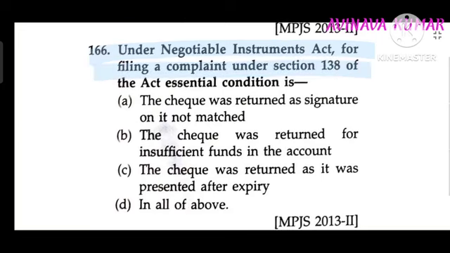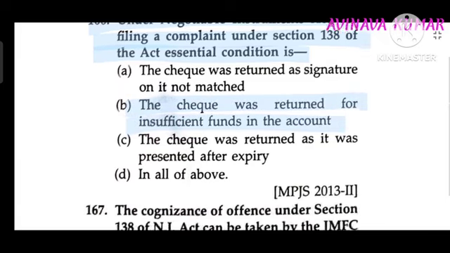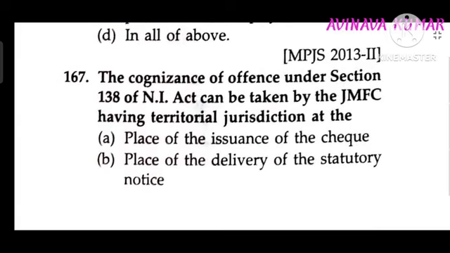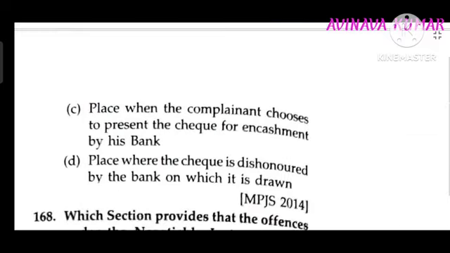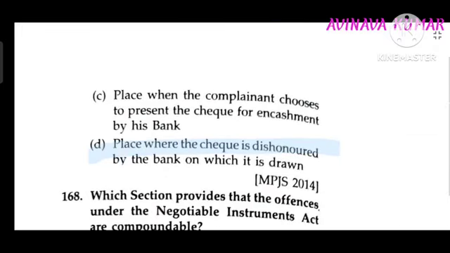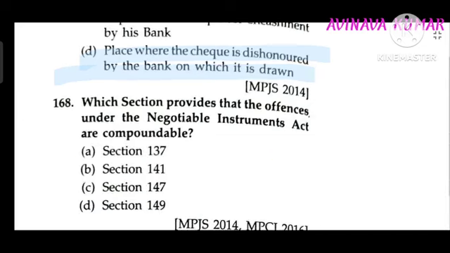Under NIA, for filing a complaint under Section 138 of the Act, essential condition is the check was returned for insufficient fund in the account. The cognizance of offence under Section 138 can be taken by JMFC having territorial jurisdiction at place where check is dishonored by the bank on which it is drawn.